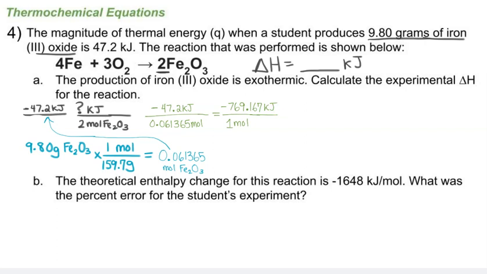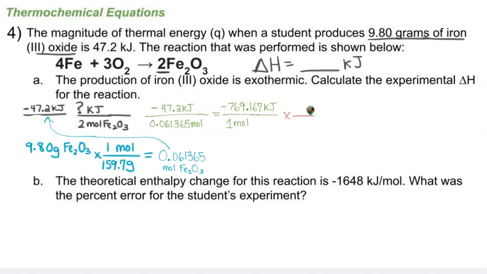Now, in this reaction, we want to know not the delta H in kilojoules per mole, but the delta H for the entire reaction, which produces 2 moles of Fe2O3. So we just need to take that value in kilojoules per mole and cancel out the moles part of it.